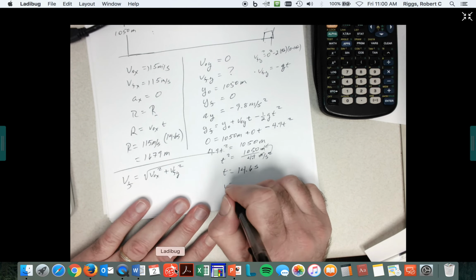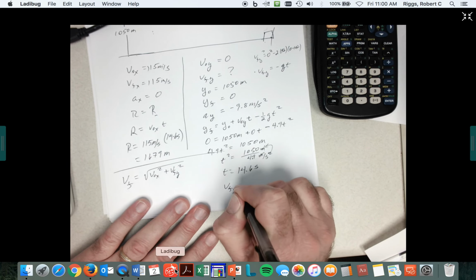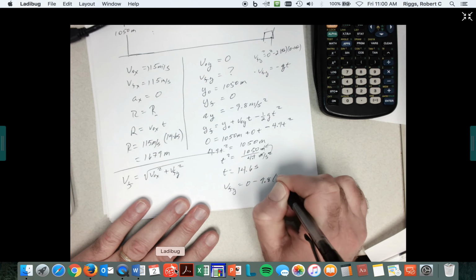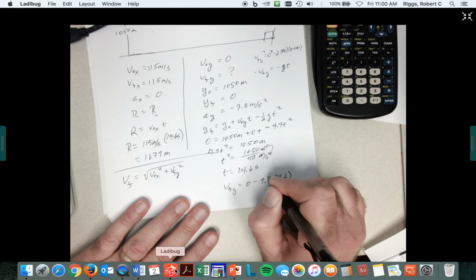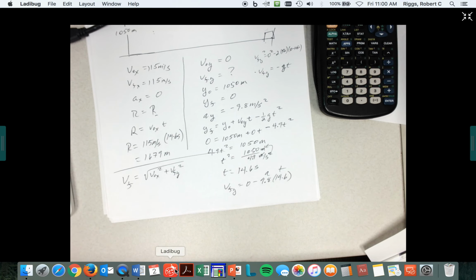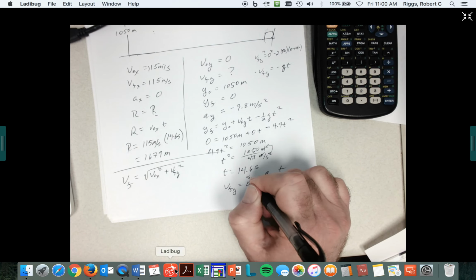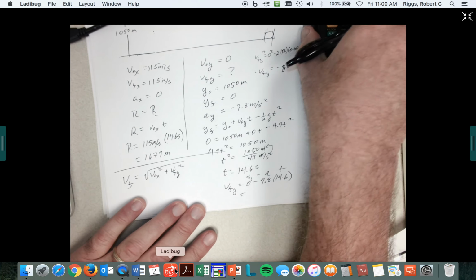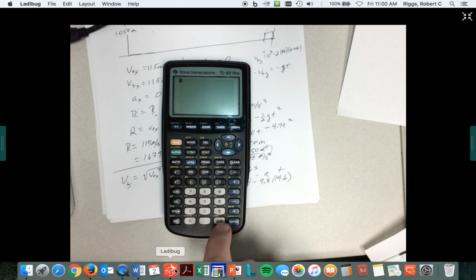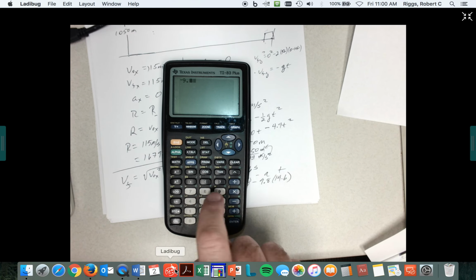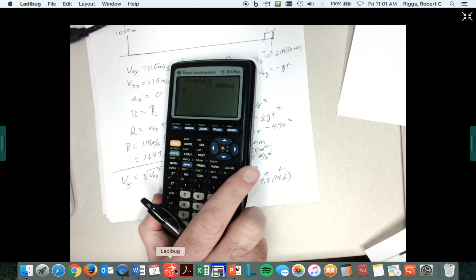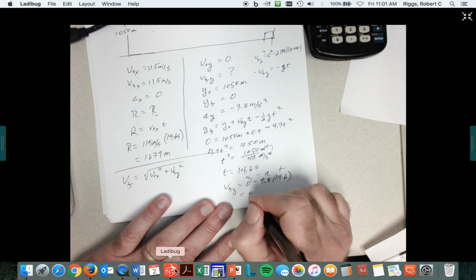Well, that's easy enough because I know that v final y is equal to 0 minus 9.8 times 14.6, that is, v naught y minus g t. So the final speed is negative 9.8 times 14.6. And, oh, look at that. Yeah, negative 143 meters per second.